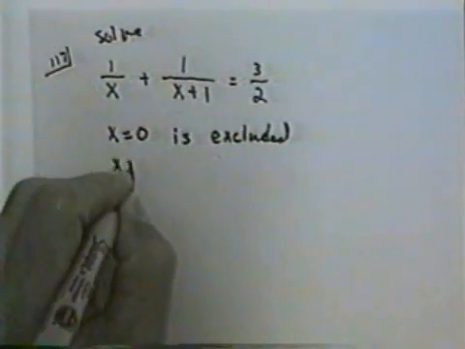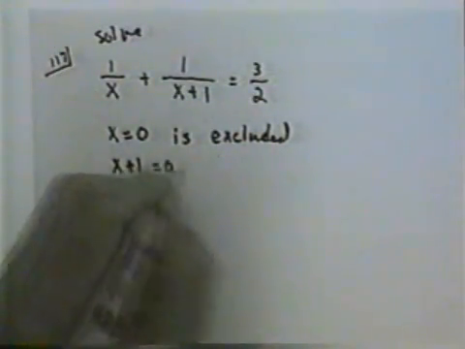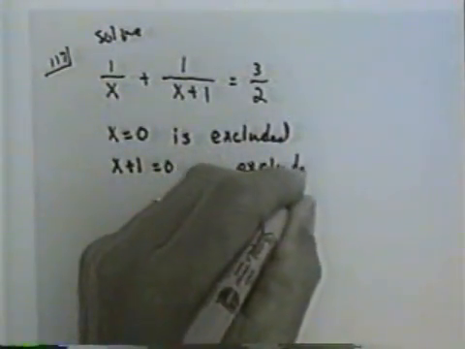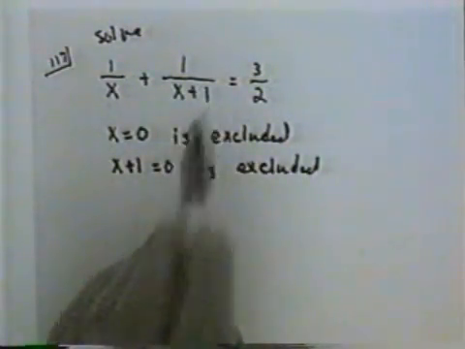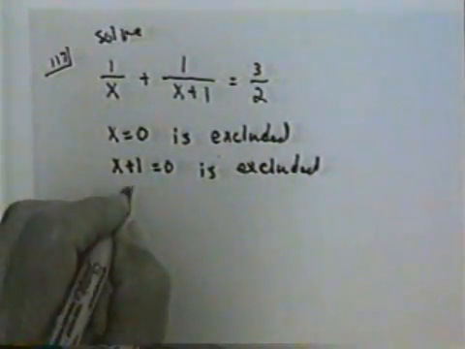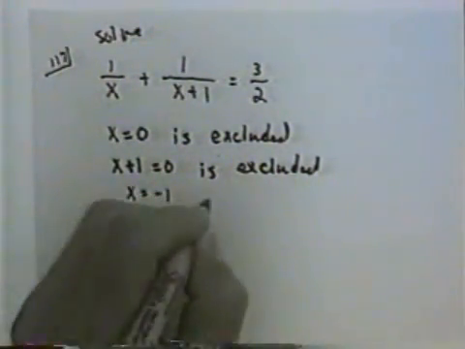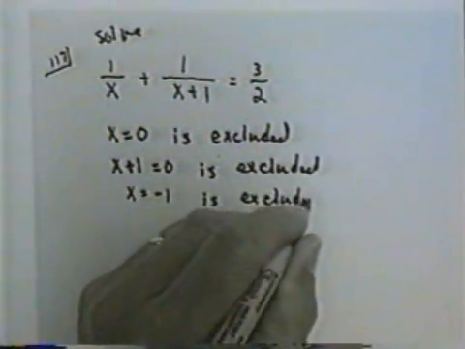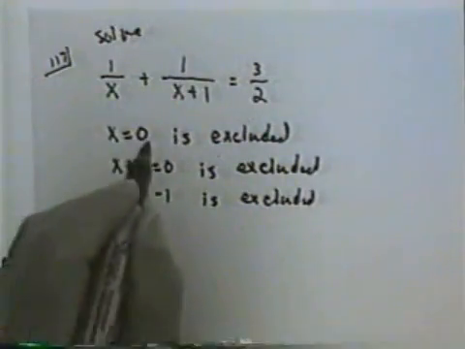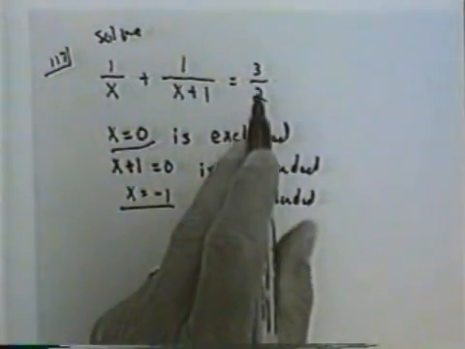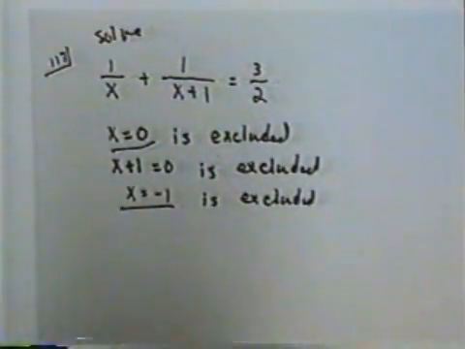We know that x plus 1 equal to 0 is excluded, because the denominator cannot be 0. Well, if x plus 1 equals 0 is excluded, that means that x is equal to negative 1 is excluded. So I have two excluded values, 0 and negative 1. Now 2 is okay, division by 2 is okay, so I have the two excluded values.